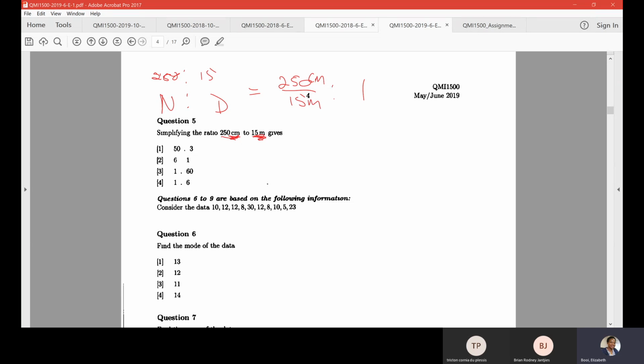So you will need to convert meters to centimeters. So if we convert, you will have to convert 15 meters, or you can convert centimeters or meters. How many centimeters are in a meter?